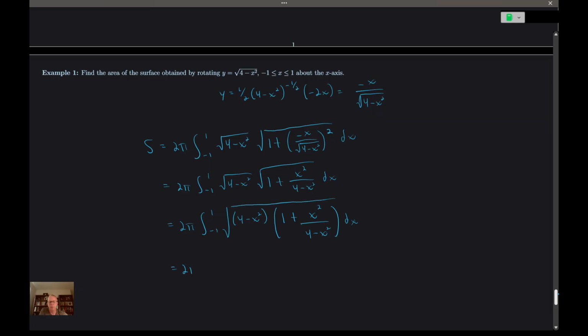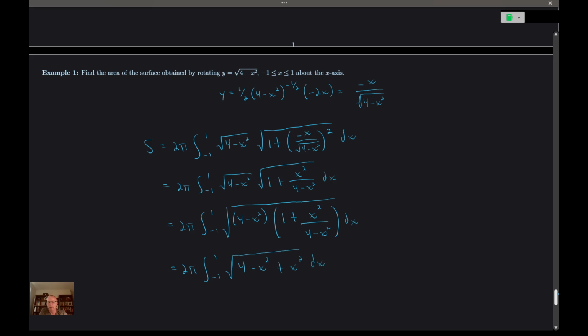And so then this simplifies down to, let's distribute this 4 minus x squared, or I guess technically we're FOILing. So we have 4 minus x squared plus 4 minus x squared times x squared over 4 minus x squared. That's going to simplify down to an x squared.